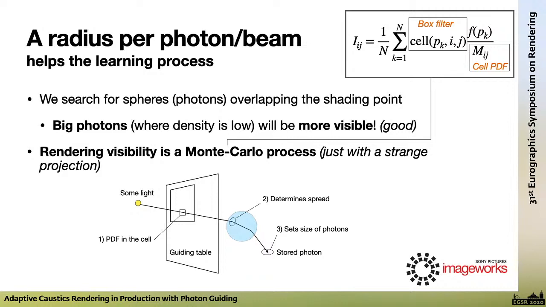That means that cells in the table with very high probability will have many small photons, each of them visible by just a few pixels, and the low density cells will have big photons that are going to be visible by many more pixels, but they're going to be fewer. So one thing compensates the other and the signal stays stable.